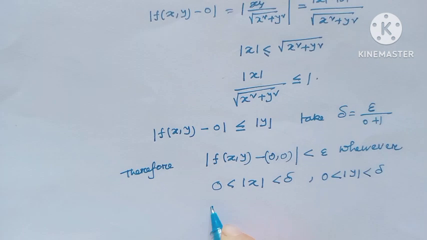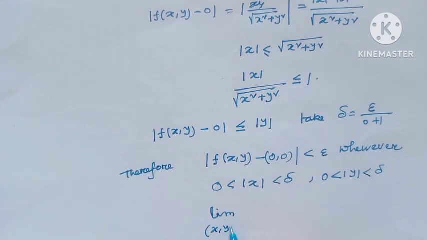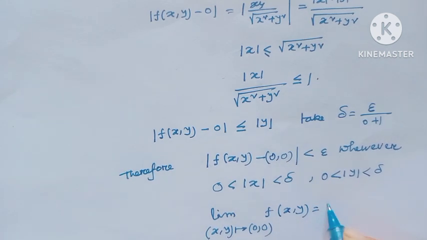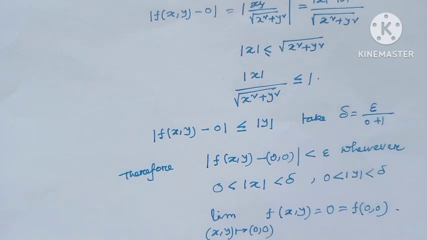Therefore, the limit of f(x,y) as (x,y) goes to (0,0) equals 0, which is also equal to f(0,0). So the function is continuous.